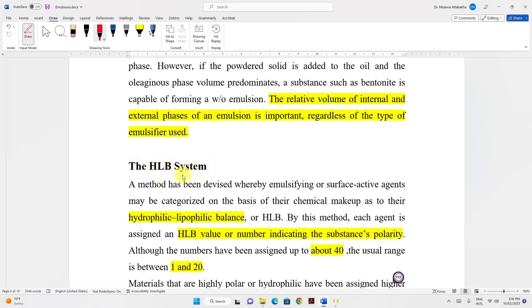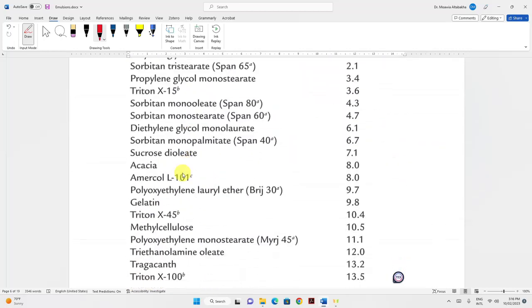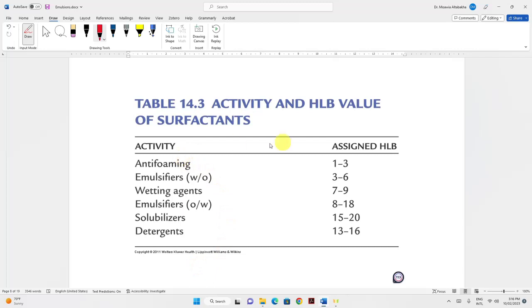Let me talk a little bit about the HLB system, but first I will go to this table. This is the HLB. Now, for emulsifying agents, especially surfactants, they assign them an HLB value. HLB refers to hydrophilic lipophilic balance. They look at the structure of the surfactant or emulsifying agent, and see how lipophilic it is and how many polar groups the molecule has.